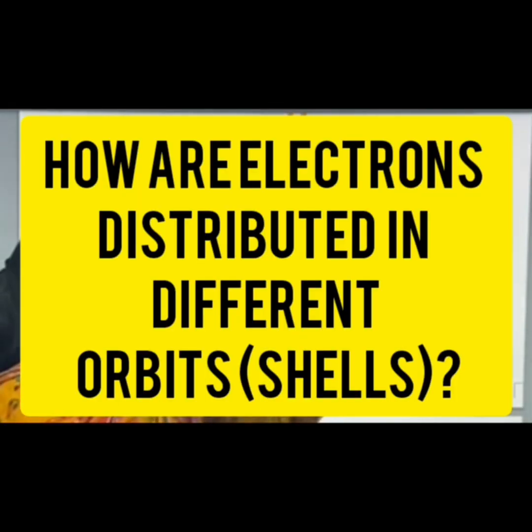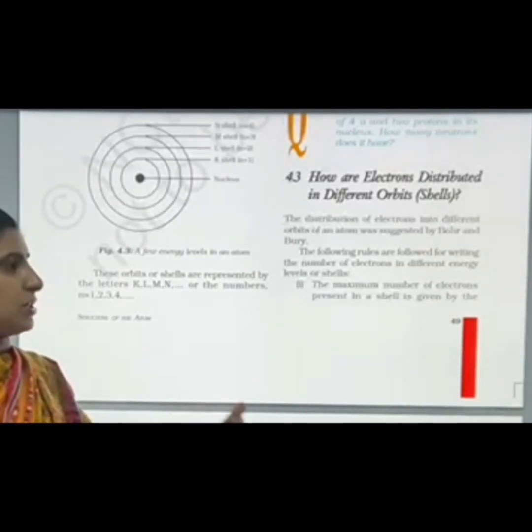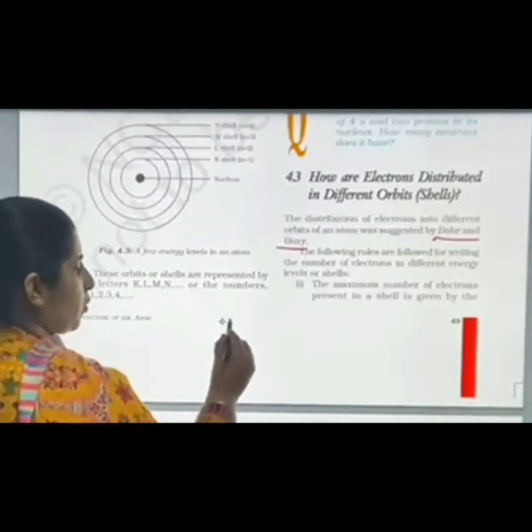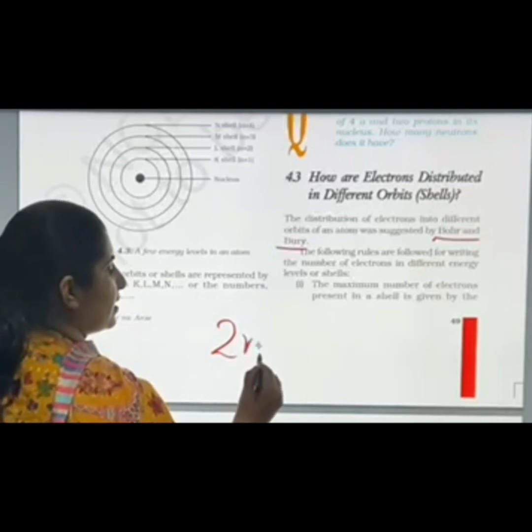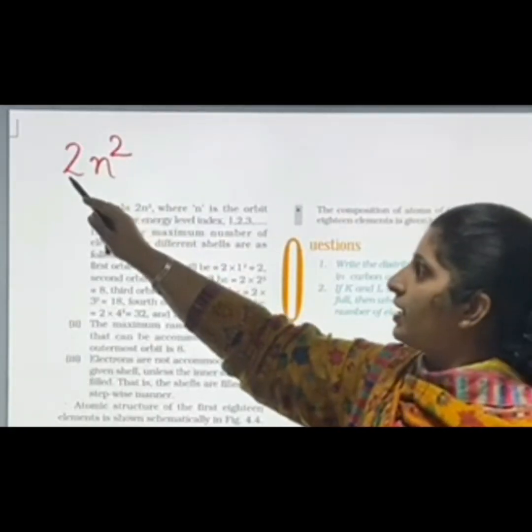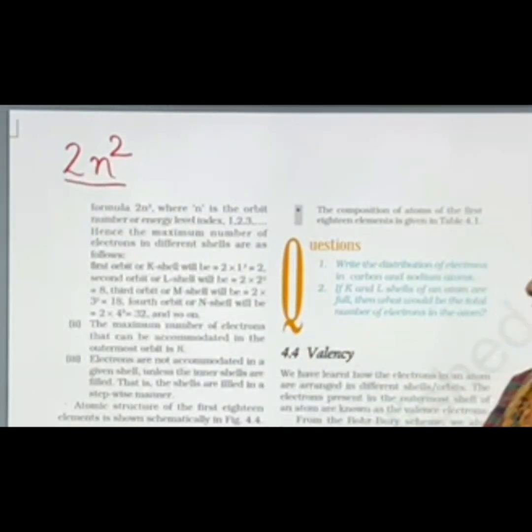How are electrons distributed in different orbits or shells? The distribution of electrons into different orbits was given by Bohr and Bury. According to them, the maximum number of electrons accommodated in a shell is given by the formula 2n².